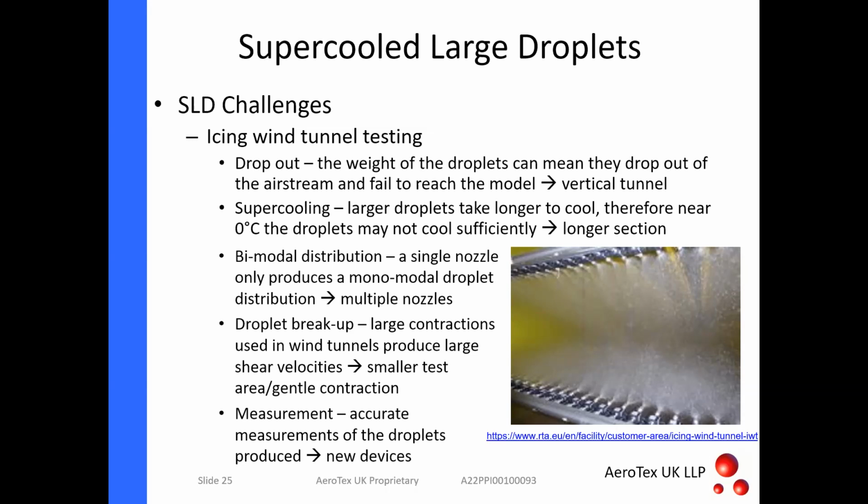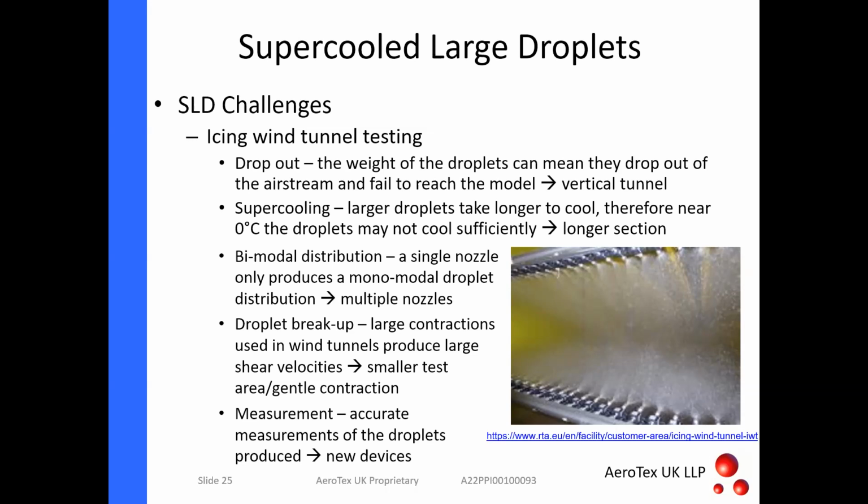The small droplets cool down very quickly, in 0.5 meter to 1 meter, whereas these can take significantly longer. So you need a longer section before it reaches the test specimen. But as I go back to the first point, if you have a longer section, they drop out of the airstream and land on the floor.